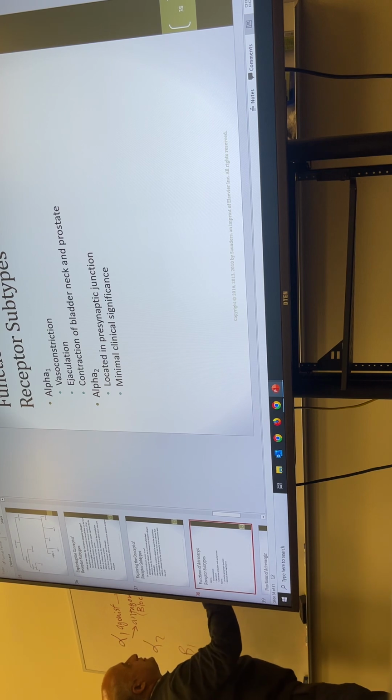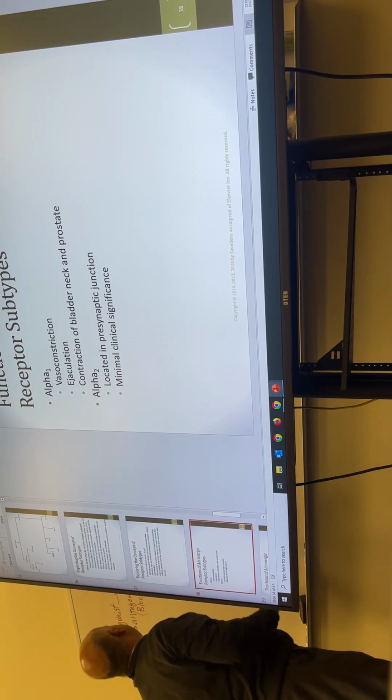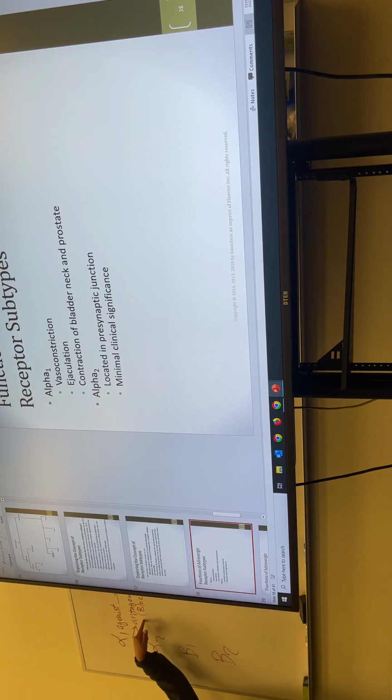And vasodilation decreases blood pressure. So now you realize alpha 1 blocker or antagonist is an antihypertensive medication. We're going to talk about that in a couple of weeks. Why? Because it's causing vasodilation and drops blood pressure.